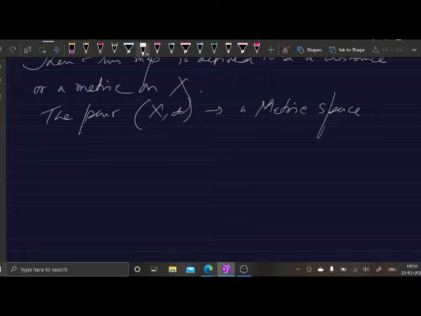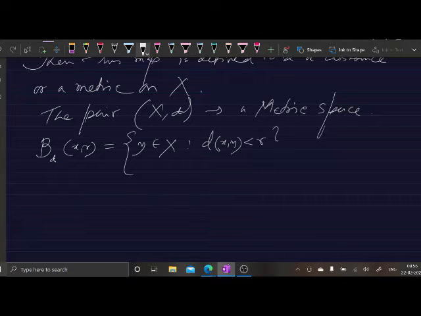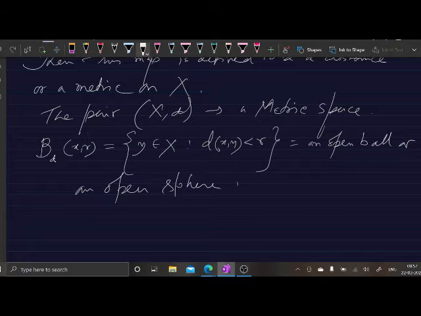The first, which is determined by D and a real number r greater than 0, is denoted by B_D(x, r), and defined as the set of all those y belonging to X such that the distance between x and y is less than r, and this is called an open ball or open sphere in X determined by D. Okay, so it depends on D, where r is greater than 0.